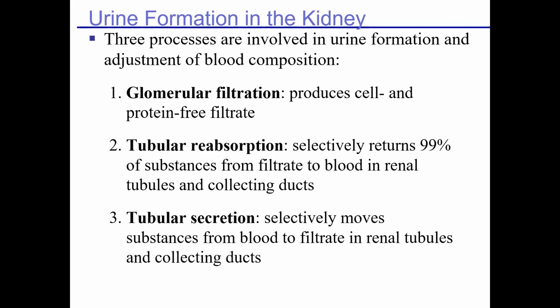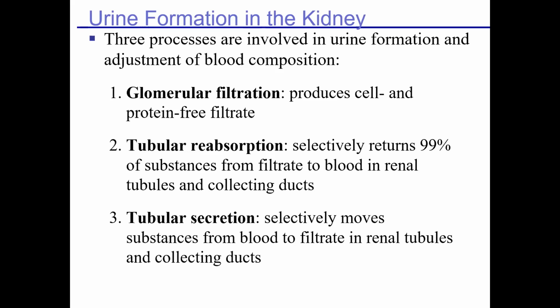Now we have to reabsorb. We get back 99% of what was in the filtrate. 99% of the water, 99% of the ions, 99% or more of the glucose. We're going to recover all that from the proximal tubule, the distal tubule, the loop of Henle, and the collecting ducts. The collecting ducts are going to recover water and sodium, because the way we do it is we recover the sodium and the water follows.